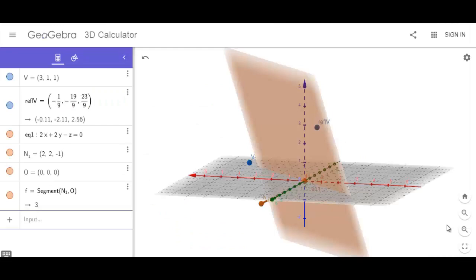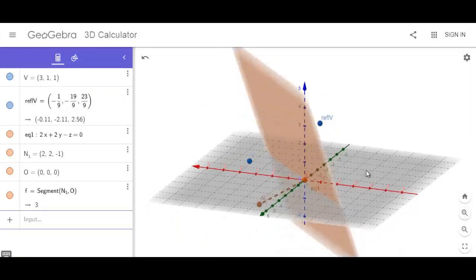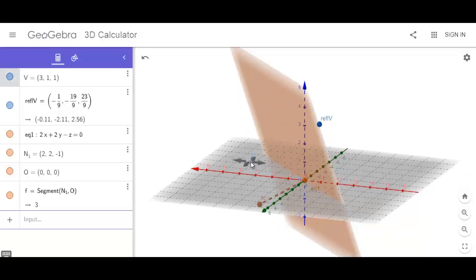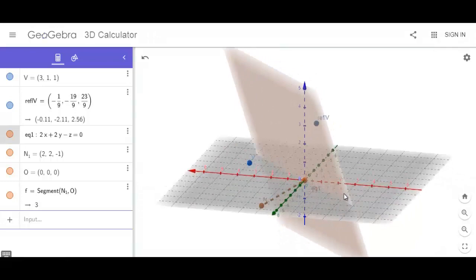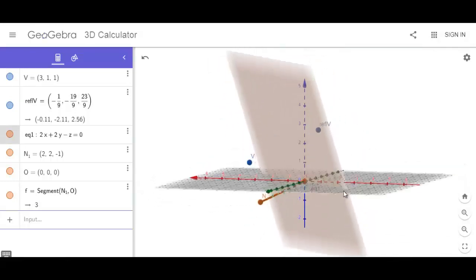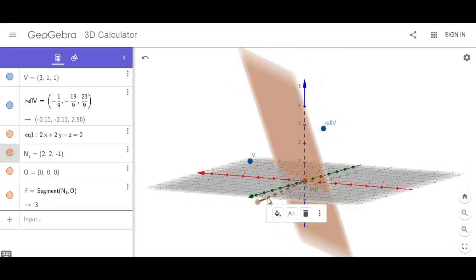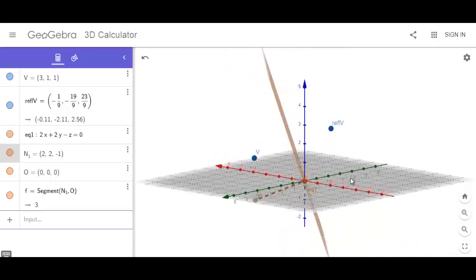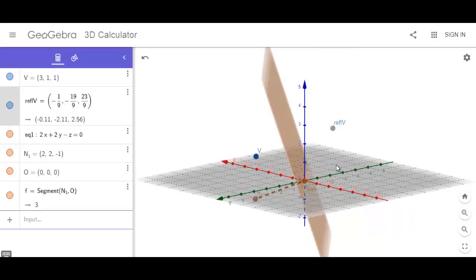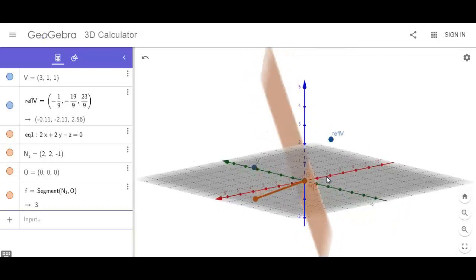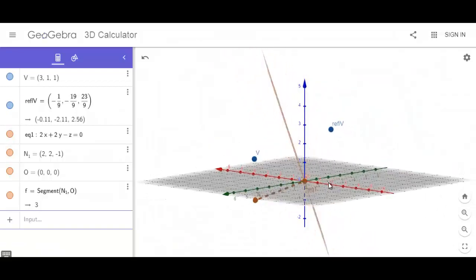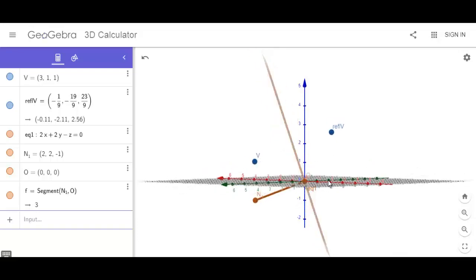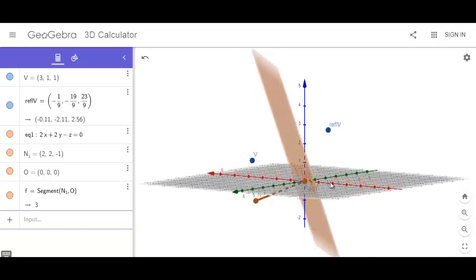Here we have the picture of the last example. We have the vector or the point B here. We have the normal unit vector here and the plane that is represented by the normal vector n, and then we have the reflected point here. You can see that the calculations are right, because well, the picture seems pretty good.